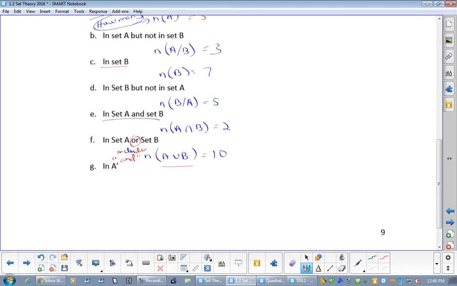Now, here's, again, a very, very short little simple question. Okay, now, what is the way that I could write this? N, A complement. Okay? So what is this saying? How many things are not in A?